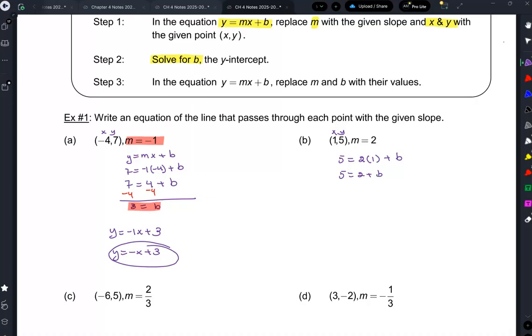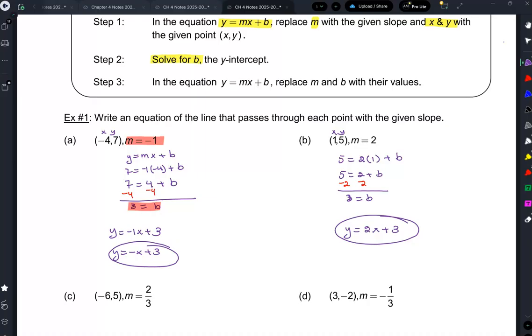I needed to solve for b, so I did minus 2 from both sides. So how much is b? Oh my God, it's 3 again. Wow. So then y equals 2x plus 3.